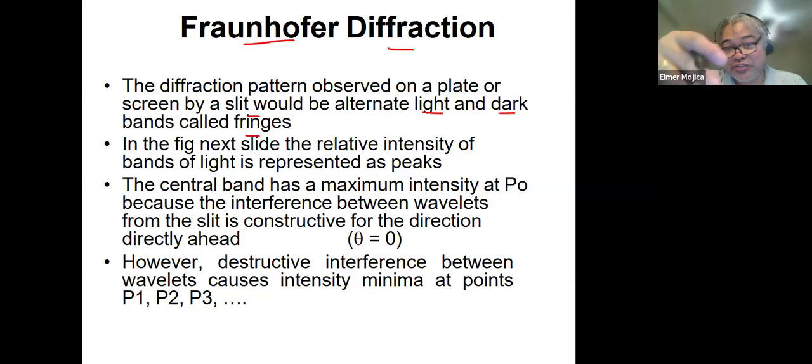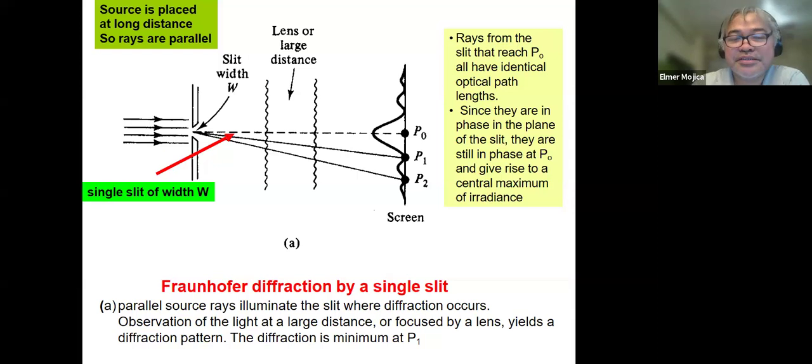And in the next figure that we have in the next slide, the relative intensity of the bands of light is represented as peaks, with the central band having a maximum, okay, at P0, because the interference between the wavelengths from the slit is constructive for the direction directly ahead, where the angle is equal to 0. However, destructive interference between wavelengths causes intensity minima at points P1, P2, P3. So if you're going to look at this, this is what it means.